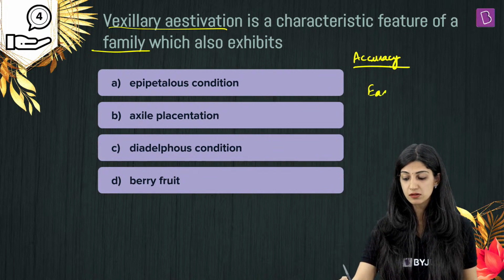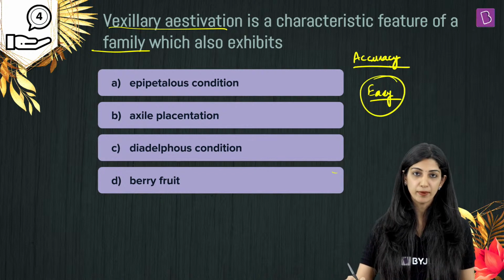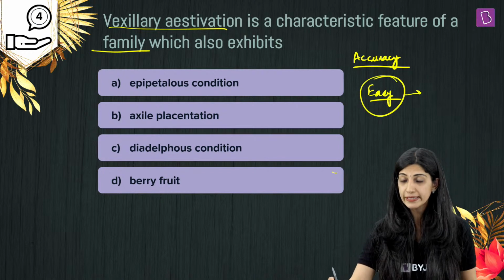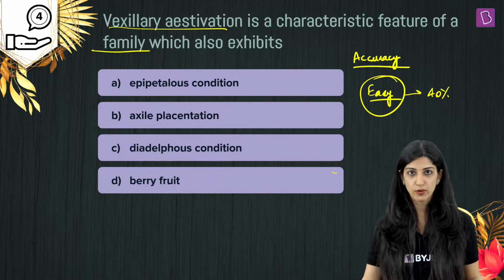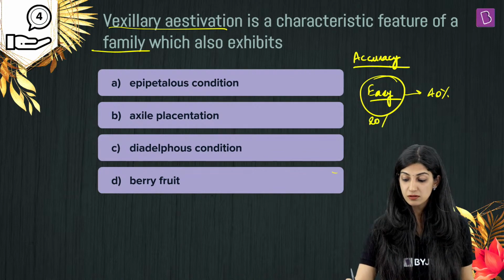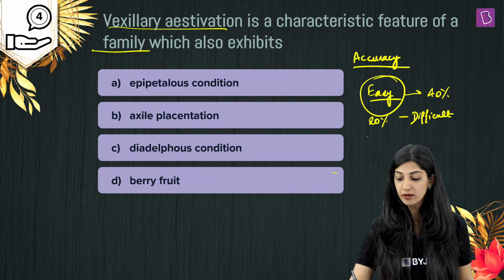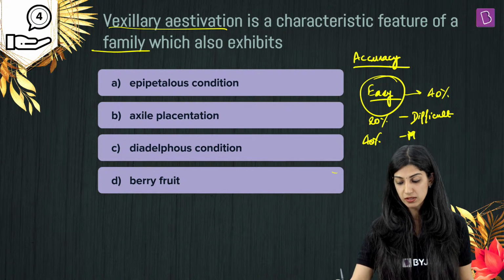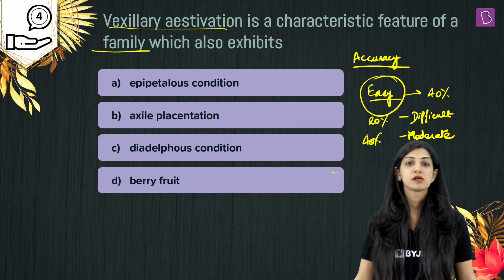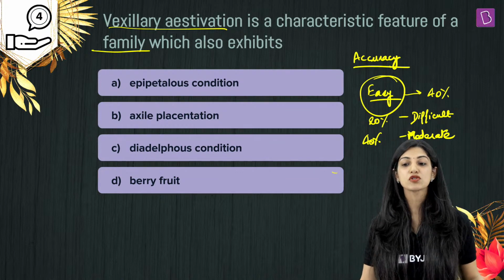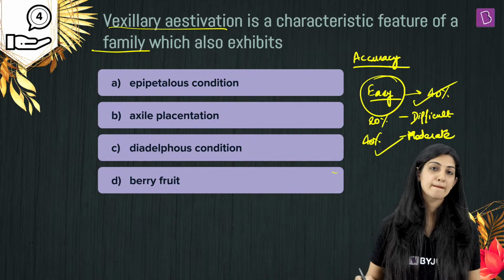This easy part of the paper, which is approximately 40%, everybody can solve. 20% is the difficult part, definitely. And another 40% is moderate. अगर तो आप ढंग से पढ़ाई कर रहे हो, सारे सिलेबस को आप 2 बार रिवाइज करके भी गए हो, this is taken care of.